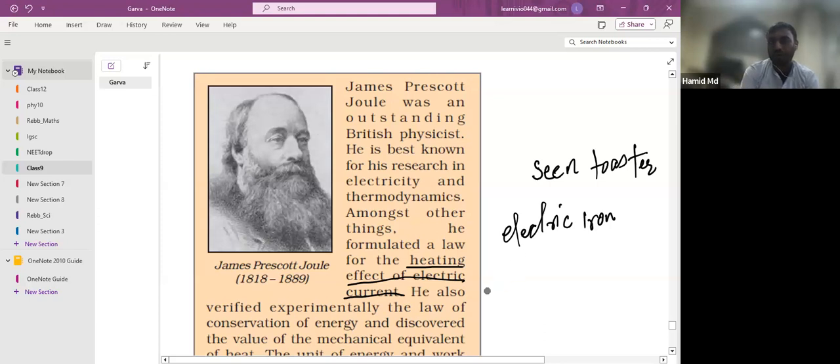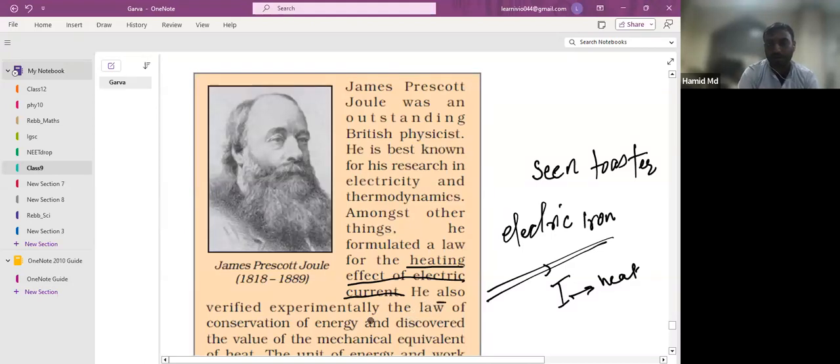So when electric current is passed in some gadgets, due to high resistivity, some of the current is converted into heat. So it is called the heating effect of electric current.